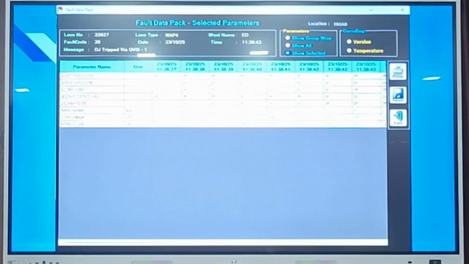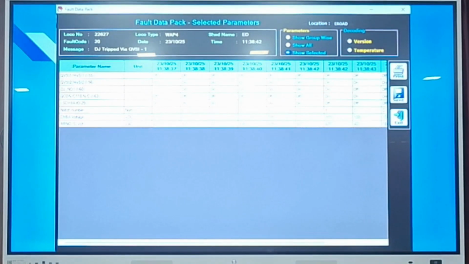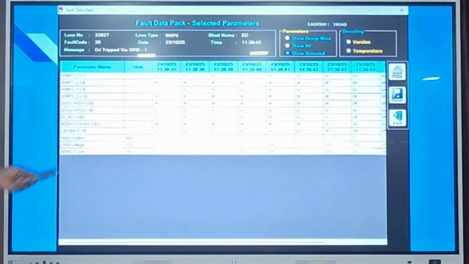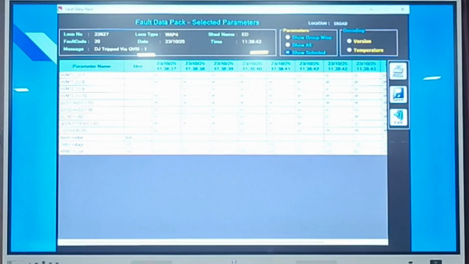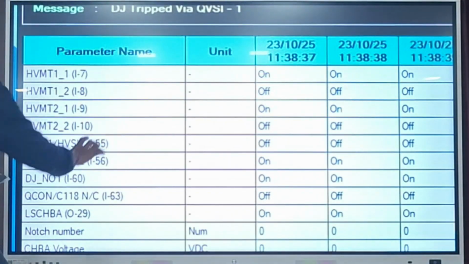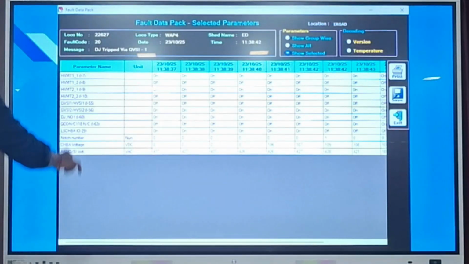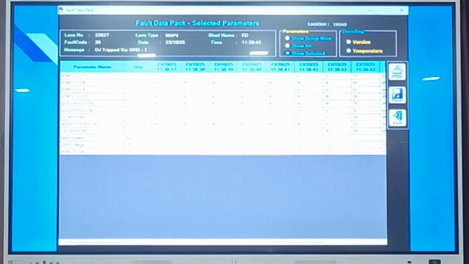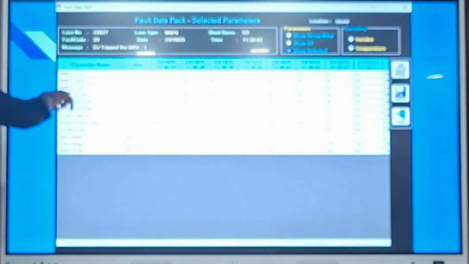So to know whether this has happened during testing, we need to take these two inputs also, HMD or not HMD. These two inputs depend on track one: HMD 1 in 1 and HMD 2 in 1. These depend on the second track: HMD 1 in 2 and HMD 2 in 2.